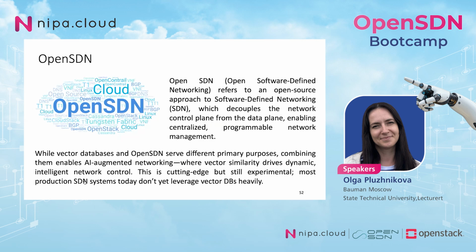No one SDN is using vector databases, but for example, you can use vector database for real-time queries, compare incoming traffic against known anomalies, or user intents are converted into vectors using models, and vector database retrieves the matching network policies, and OpenSDN applies the matched policies programming APIs.